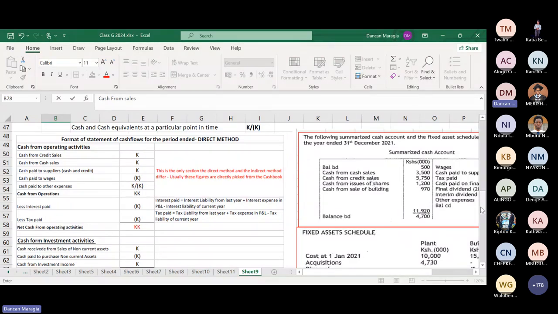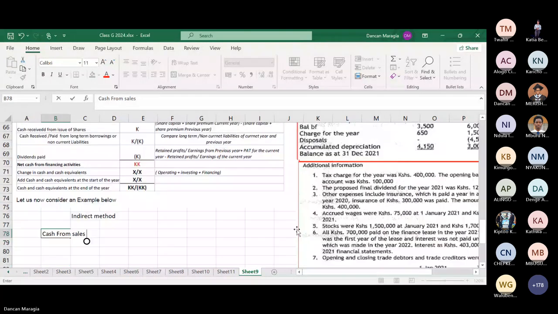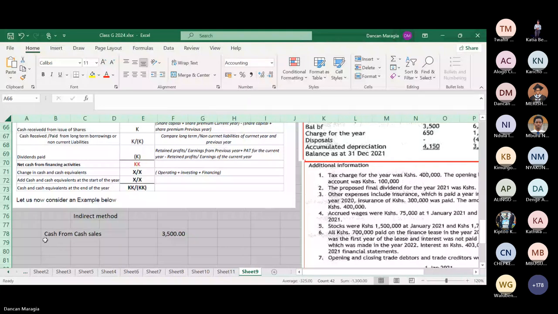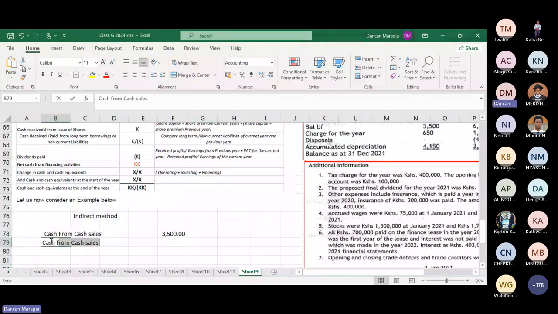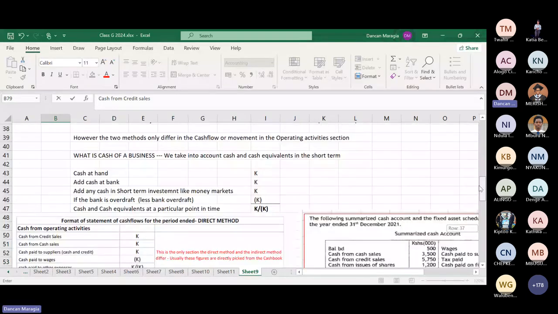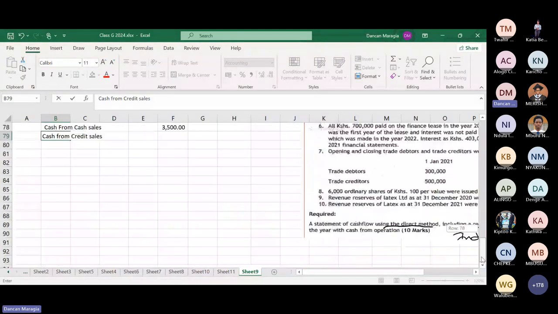Cash sales: 3,500. Cash from credit sales is going to be 5,750.